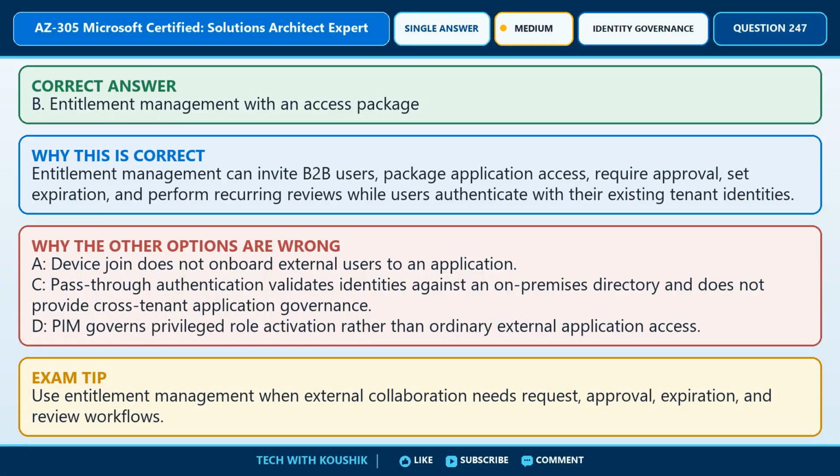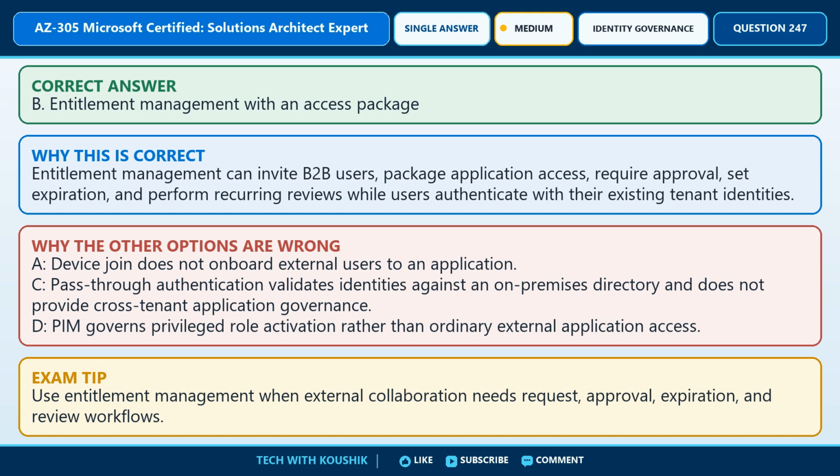The required response is option B, Entitlement Management with an Access Package. Entitlement Management can invite B2B users, package application access, require approval, set expiration, and perform recurring reviews while users authenticate with their existing tenant identities. The alternatives can be eliminated because A, Device Join does not onboard external users to an application.